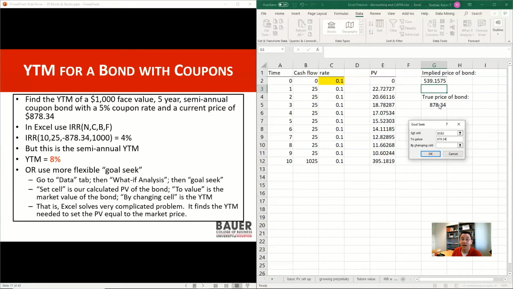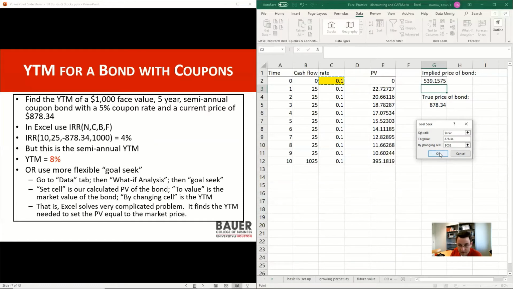So what does Excel allow to change? We're going to allow Excel to change the rate in cell C2. Okay, so that's the logic. We want Excel to get this implied price to the correct price by giving it some flexibility to change the rate. Okay. You're going to click OK and see what Excel does.